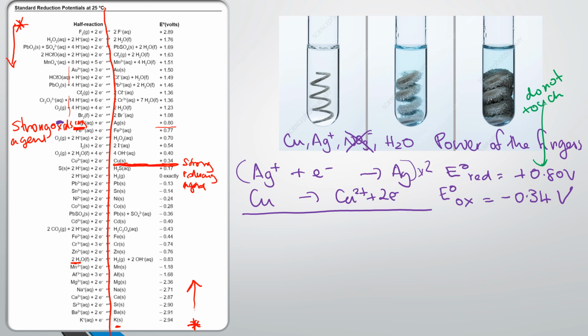It stays the same no matter what. It's always positive 0.8 volts. I don't care that you've multiplied this by 2. Do not touch this number. So you're going to end up with 2 silver ions plus copper goes to copper 2 plus 2 silver.